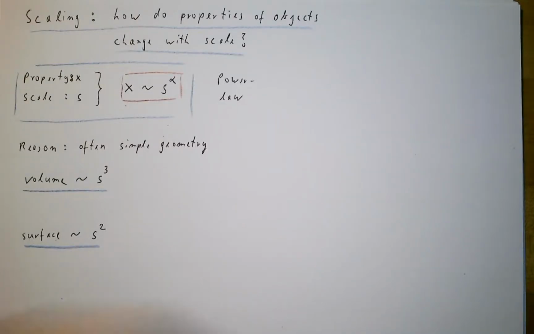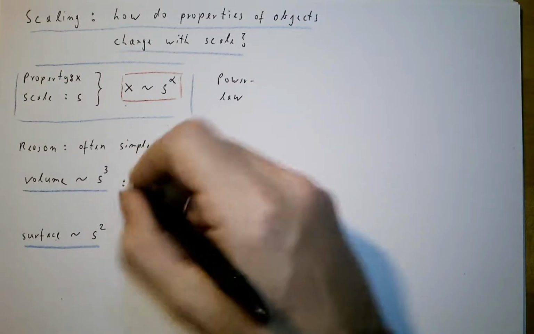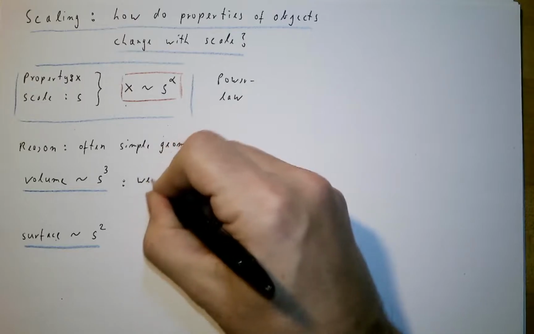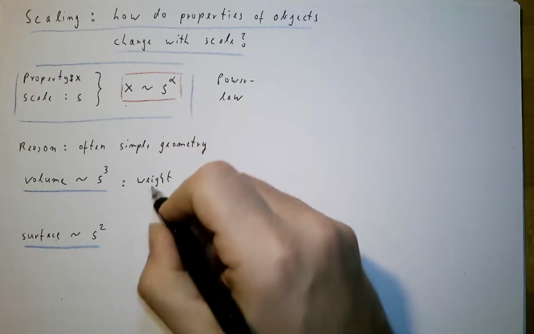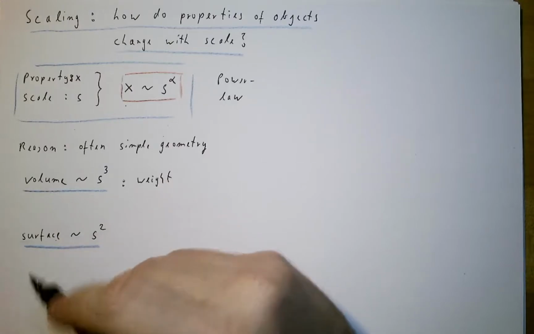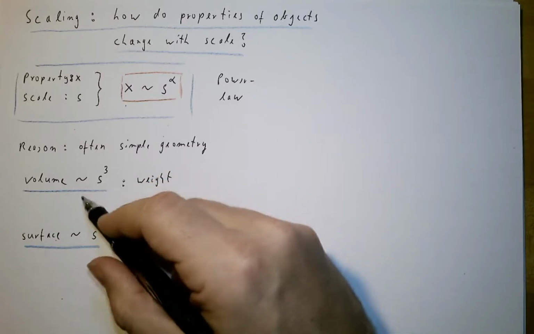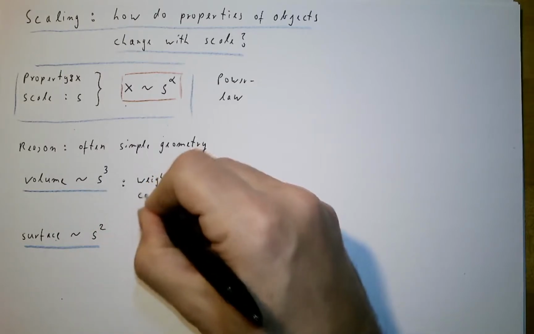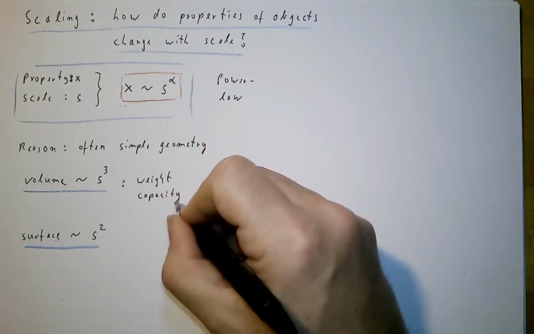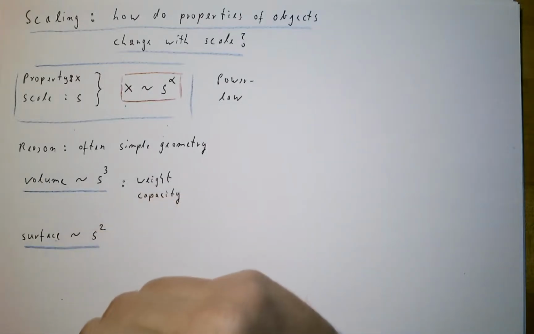Now you can think, what properties are associated to volume? To the volume, the weight of an object. The weight of an object increases with the volume, assuming constant density. Also, if we want to carry something, if you have a bag or a car or a ship, the capacity scales with the volume.